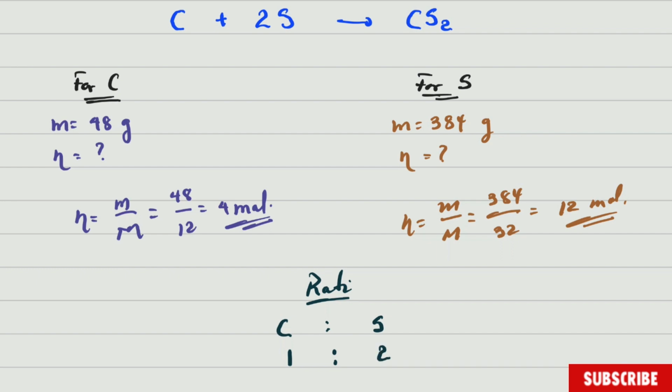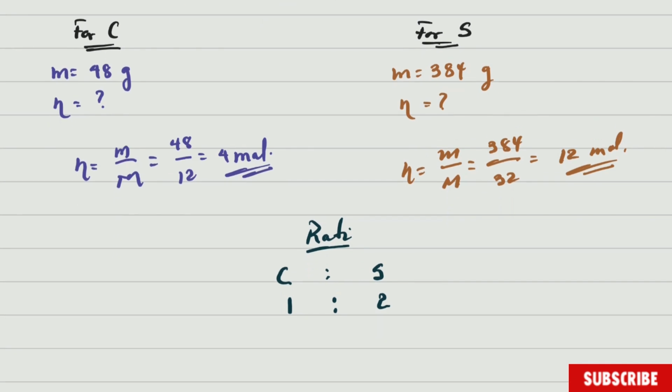Just for you to recall, the ratios are the numbers at the front. In this case, we have 1 for carbon, we have 2 for sulfur. They're given in the chemical equation. Note, if the chemical equation is not balanced, we are already starting on the wrong foot. So we are going to say the following. We have 4 mole of carbon. How many moles of sulfur will I need?